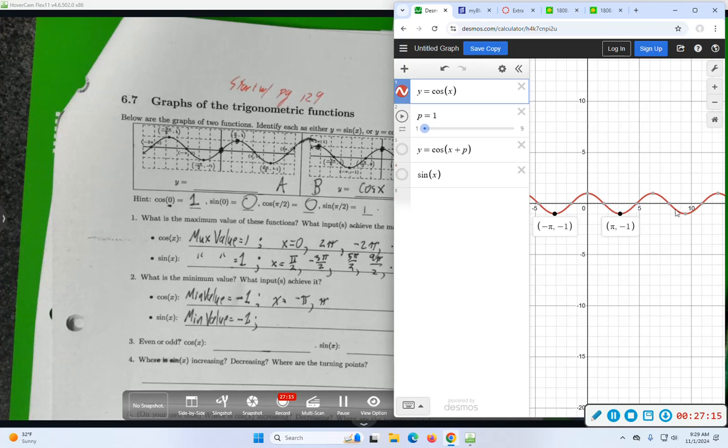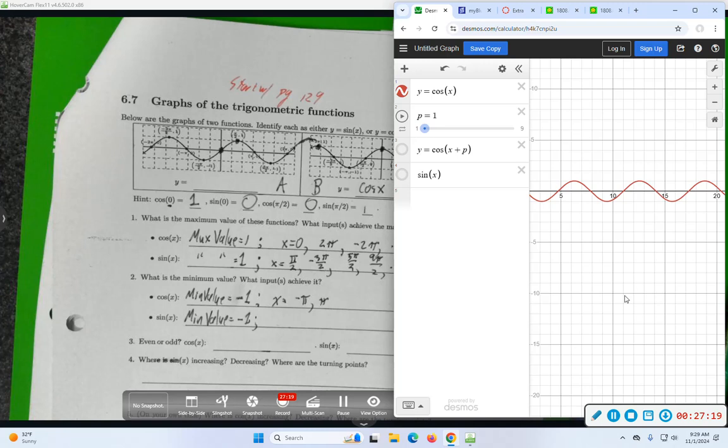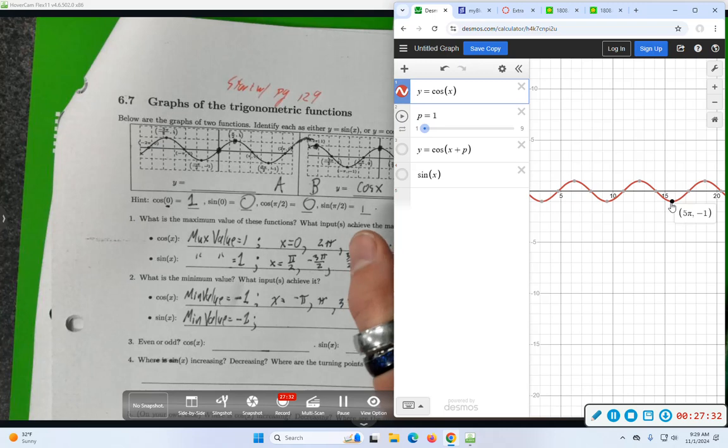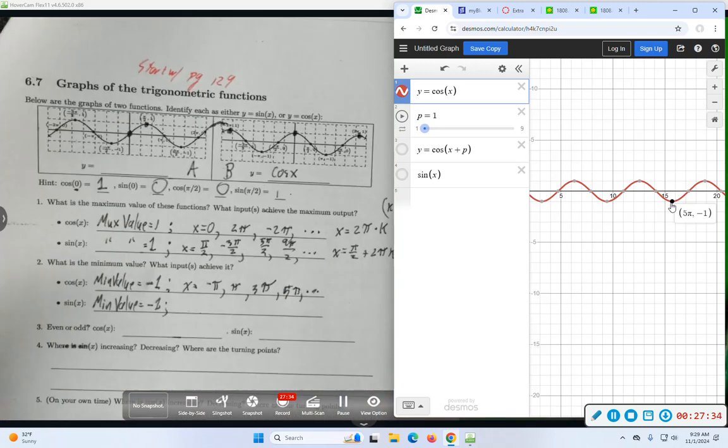Let's see. 3 pi, 5 pi. Based on that pattern, do you notice a way to describe these? I see pi's, that's great.